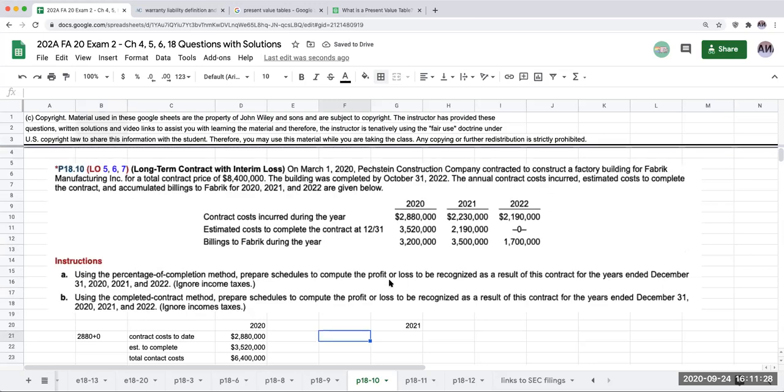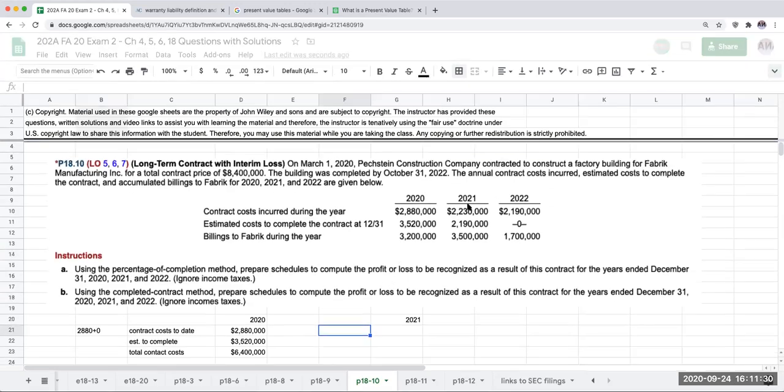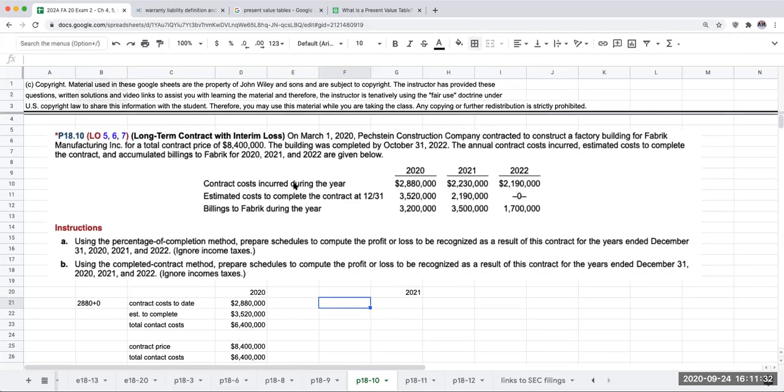Okay, so my contract costs to date for 2021 are going to be a little bit different. My costs during the year were 2,230,000. So my contract cost to date for 2021 is going to be 2,230,000 plus 2,880,000, or what I computed last year.